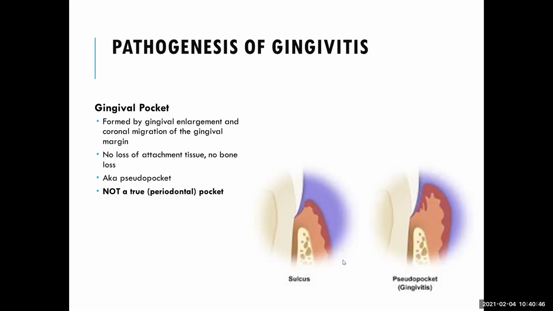It's just inflammation of the gingiva, no loss of attachment. And this is where the pseudopockets come in, and this is where radiographs are so important. Where is that bone in relation to that CEJ? And what does that bone look like? A pseudopocket has no attachment loss.